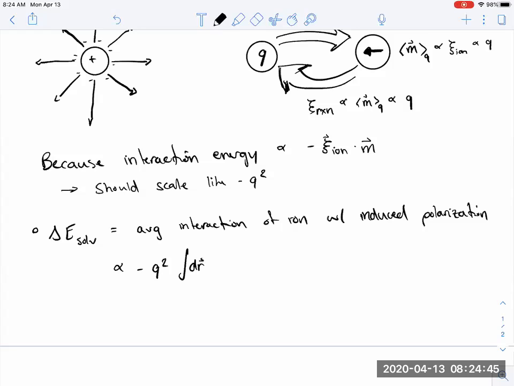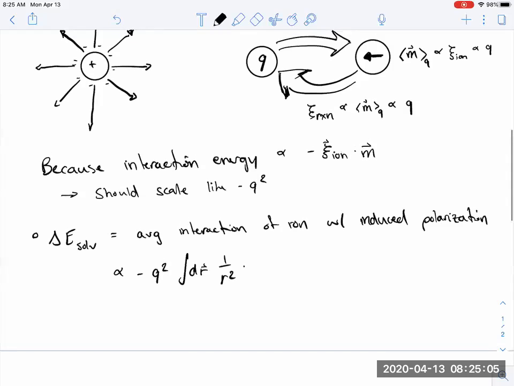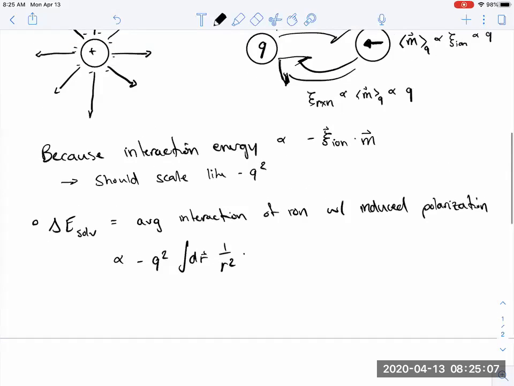The interaction energy goes like the field of the ion, which is from Coulomb given by his inverse square law, then dotted into the size of the dipole. And the size of the dipole also goes like the electric field due to the ion, another factor of q squared.